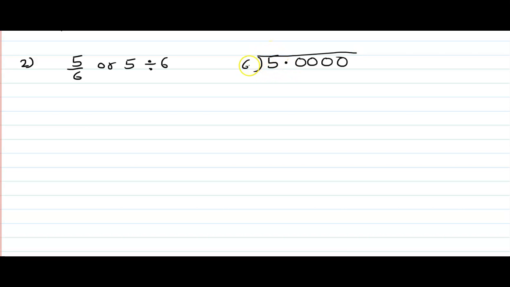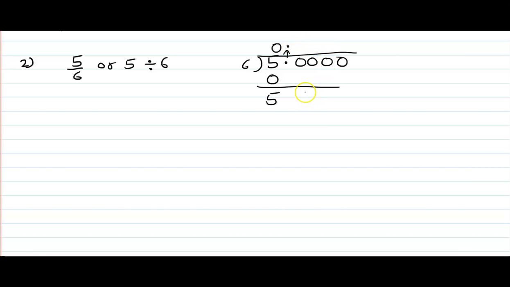Explanation for question number 2: 5 over 6 means 5 divided by 6. You write down 5 in the middle and put a decimal and 0, 0, 0, 0, and it is 6. Now 5 is less than 6, so how many 6s are going in 5? 0. So 0 times 6 is 0. 5 take away 0 is 5, and you can put decimal above decimal point.